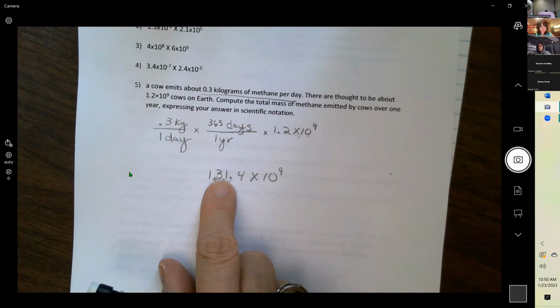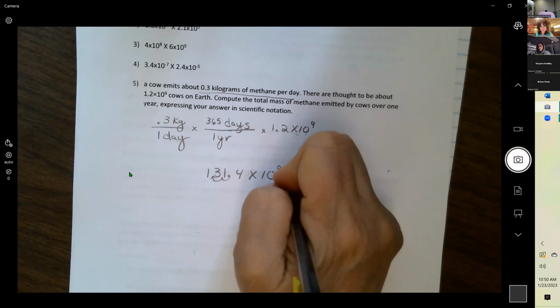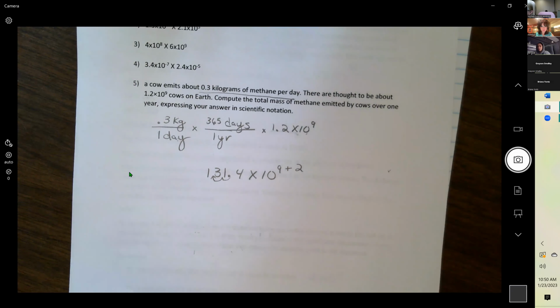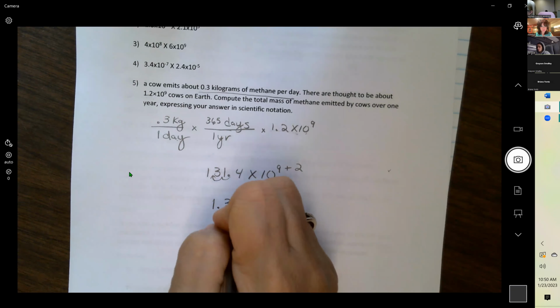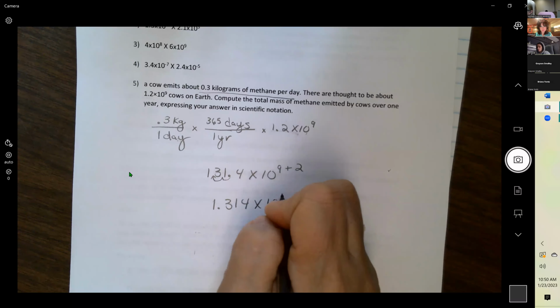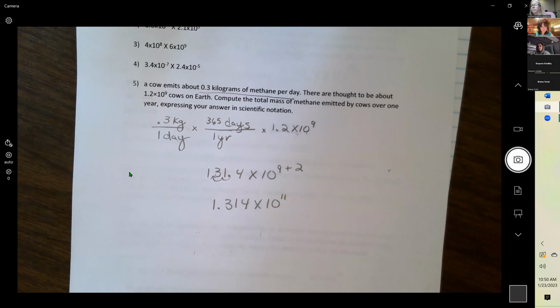Since I'm taking away 2 place values, I need to add 2. 1.314 times 10 to the 11. Any questions on that? Positive.